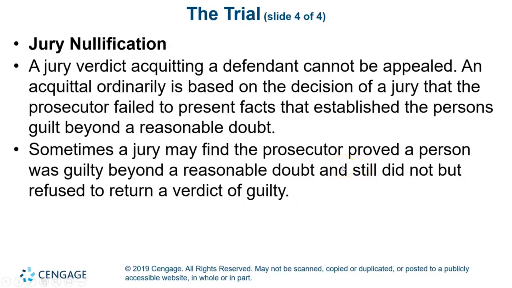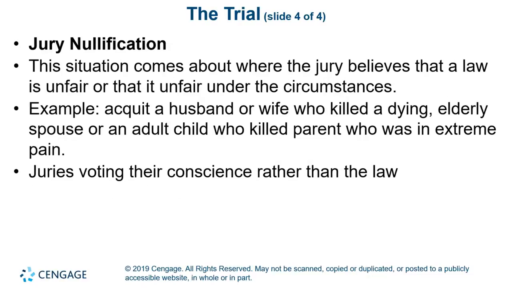There's a phrase called jury nullification. So a jury verdict acquitting a defendant cannot be appealed. An acquittal ordinarily is based on the decision of a jury that the prosecutor failed to present facts that establish the person's guilt beyond a reasonable doubt. Sometimes a jury may find the prosecutor proved a person was guilty beyond a reasonable doubt, but they refuse to return that verdict of guilty.